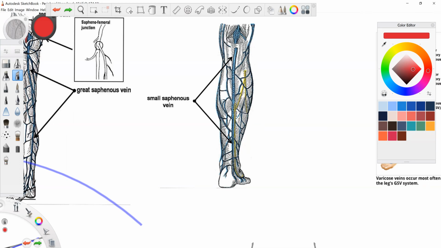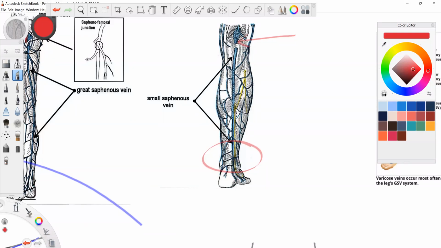It starts down on either side of the Achilles tendon area down here and heads up. The small saphenous vein usually enters or ends at the popliteal. It can go past that. If it does, it is simply called the cranial extension of the small saphenous vein.